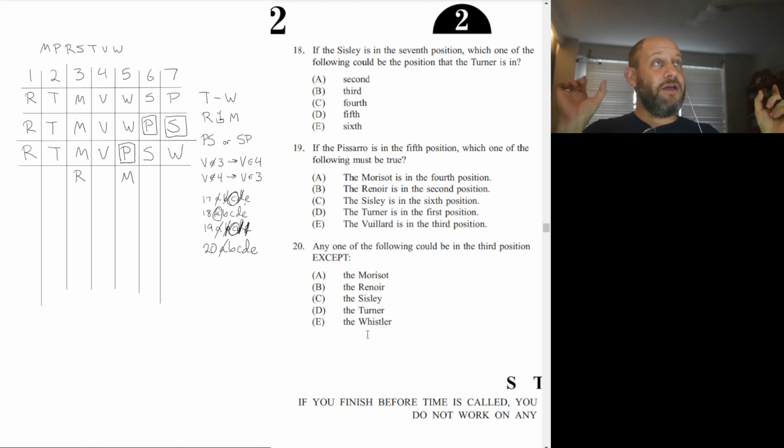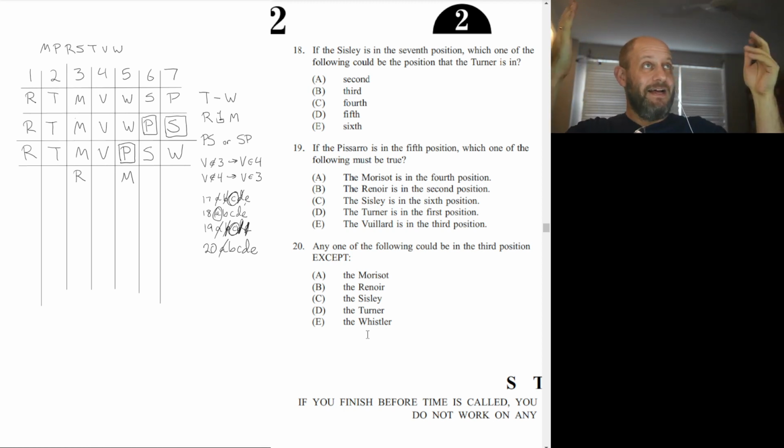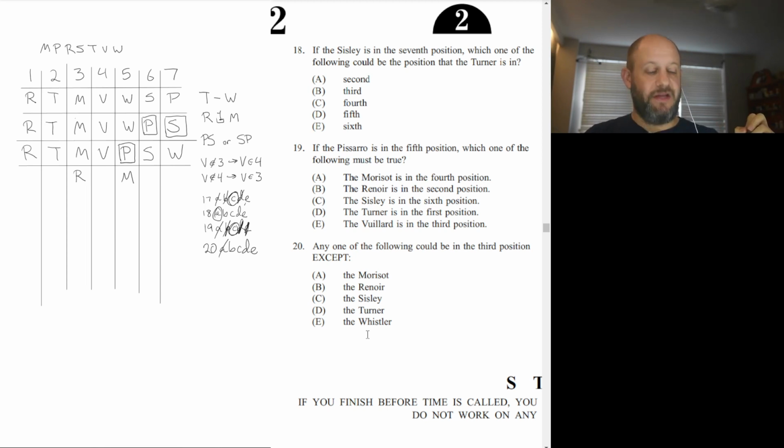Now that I've occupied the third position and the fifth position, what else do I know? I know that V has to go fourth. There's V. And now I'm left with P and S and T and W, which are related to each other. As long as I have T before W, and as long as I have S and P next to each other, I don't think it matters where I put them.